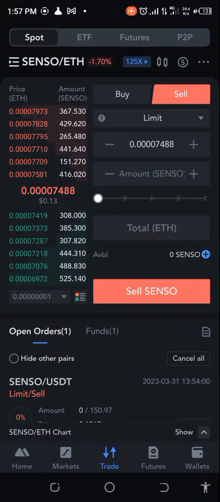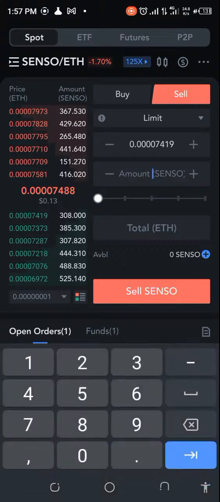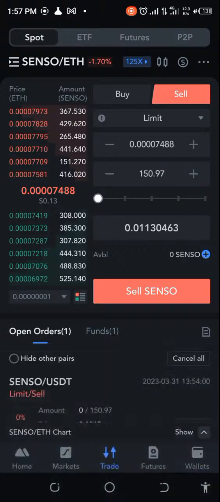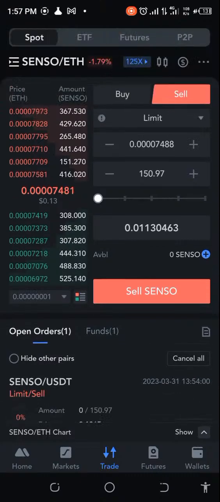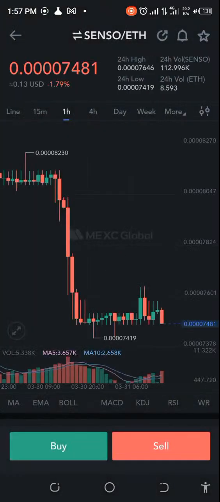So what I have here is, if I pick, I'm trying to sell, but if I pick this 7419 and I put 150.97, no. I don't think I want to do that because if I tap here, it's going to give me this. But even with that, I can see that it's actually going low. So because of that, no, I don't think it's a risk I want to take.